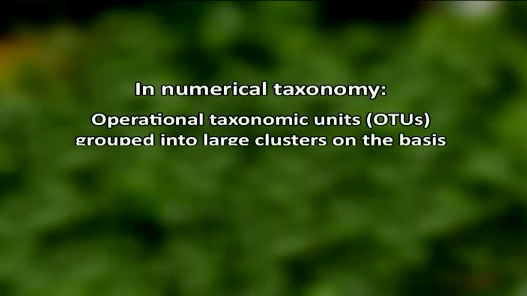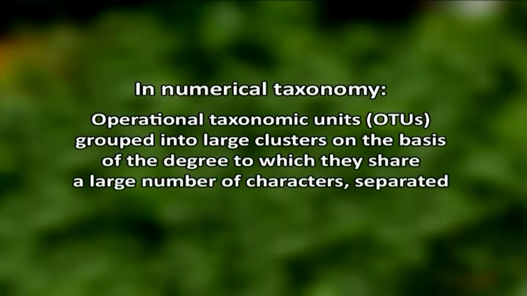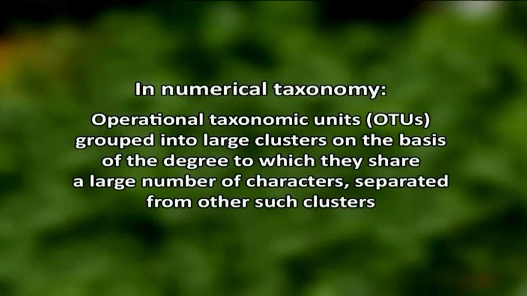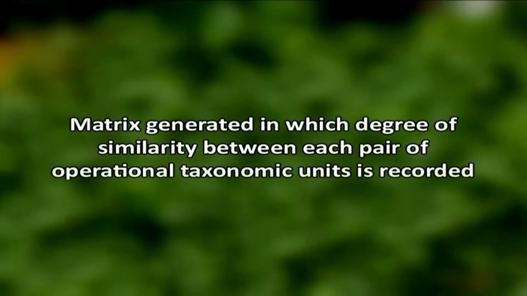In numerical taxonomy, operational taxonomic units, abbreviated as OTUs, are grouped into large clusters on the basis of the degree to which they share a large number of characters and are separated from other such clusters. A matrix is generated in which a degree of similarity between each pair of operational taxonomic units is recorded.